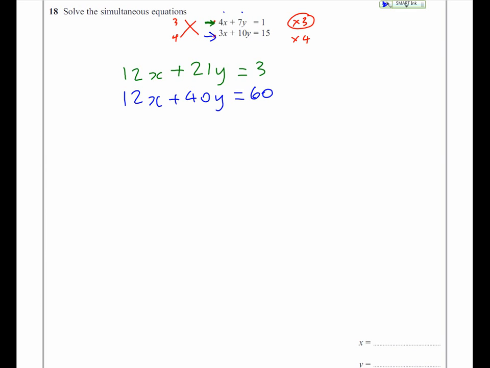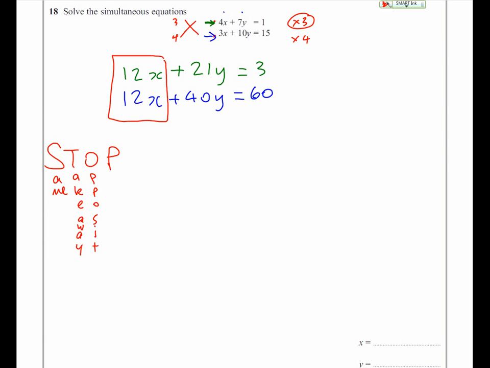Now, can you see how step X has helped? Because now we've got our 12s the same. And I always say put a box around the ones that are the same. And I now say stop. Same sign, same, take away. Opposite sign, plus.